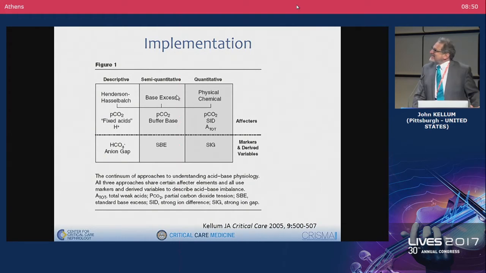Is this necessary to manage patients at the bedside? Rarely. It's rarely necessary. Occasionally it is, and I'll show you some examples in a minute. But it's rarely necessary to understand what's happening at the bedside. It's useful as a tool, particularly for research purposes.